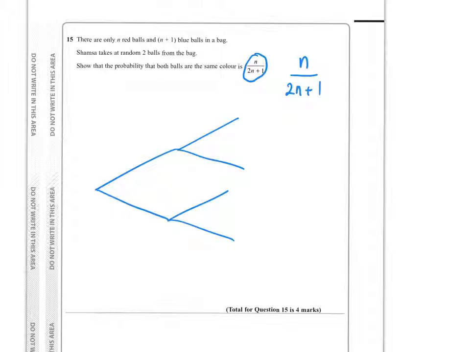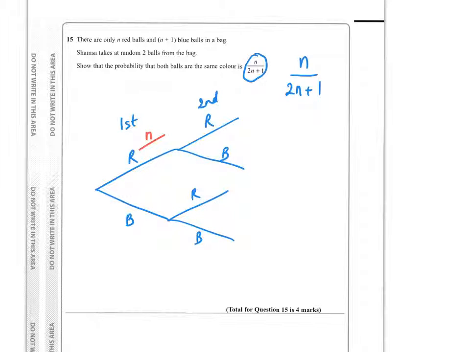So we want to have, say, the first choice here could be red or blue, and the second choice, depending on the first choice, could be red, blue, red, blue. So let's write the probabilities in. Choosing a red first, well, there's n red ones, so there's n choices, but how many in the bag altogether?